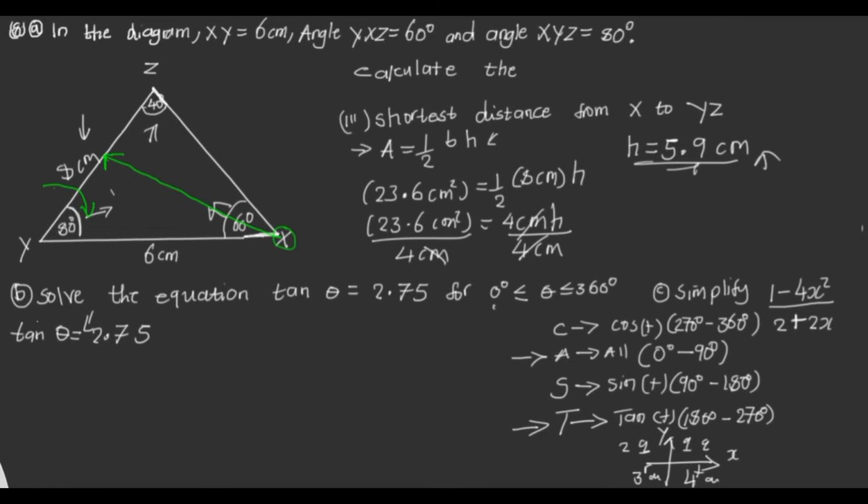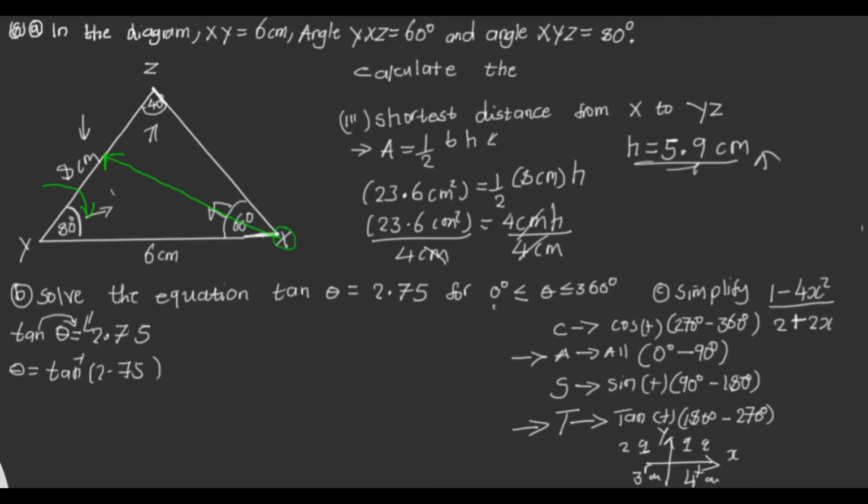So we can begin. We can shift our tan to that side. So we are going to have tan theta is equal to tan inverse of 2.75. On the calculator you press shift, or it depends with the calculator that you are using. If you are using a Casio, you can press shift. If you are using a scientific calculator with second function, you can use the second function.